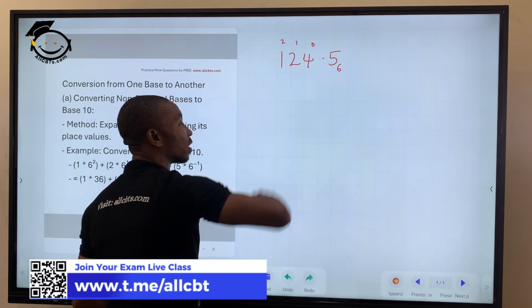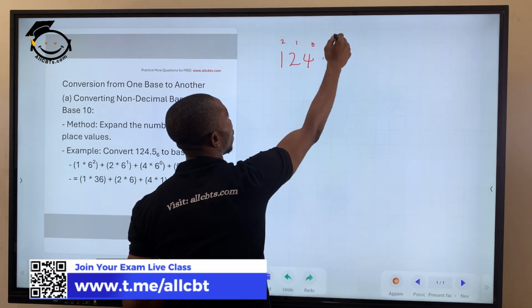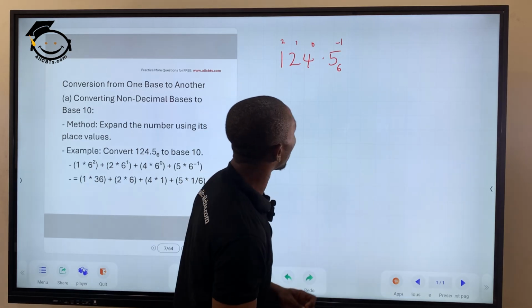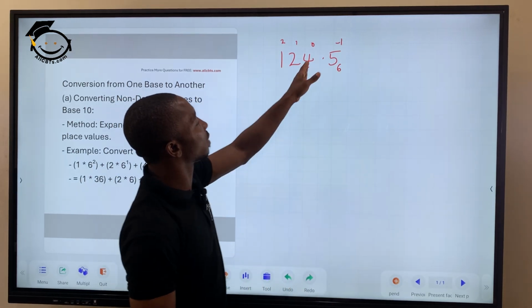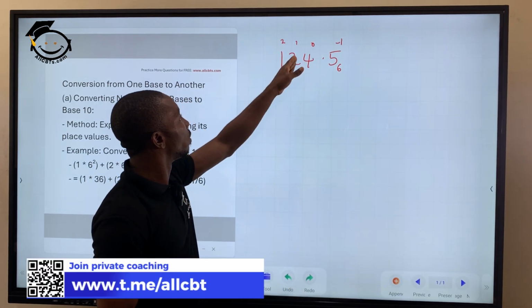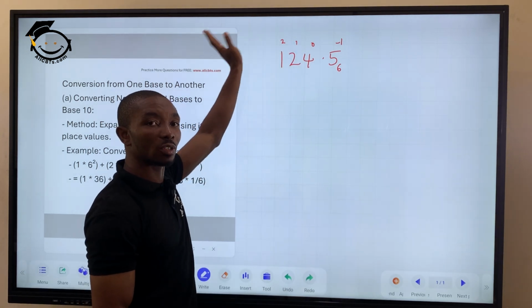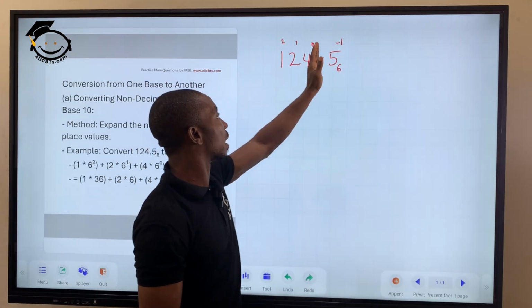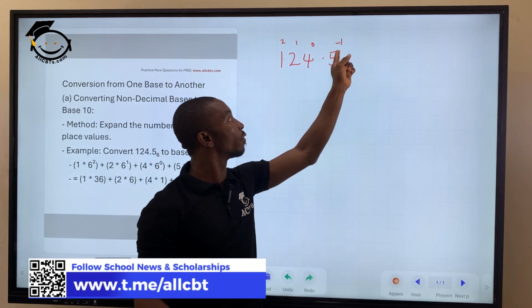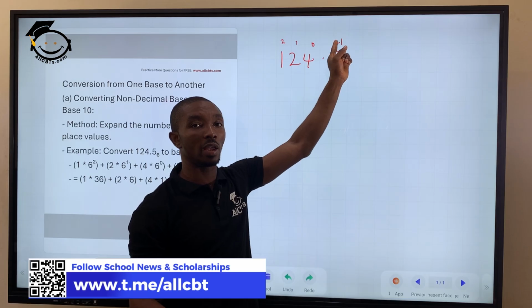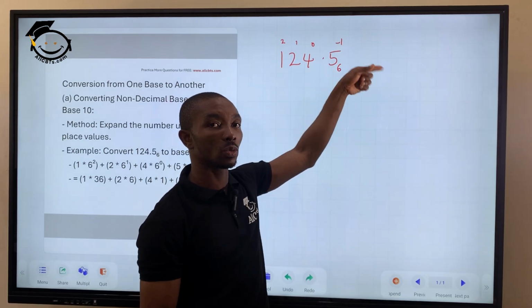Since we have a decimal point, this becomes minus 1. So our first unit is 0, the tens is 1, the 100 is 2, and so on. But after our decimal point, the first place will be negative, minus 1.